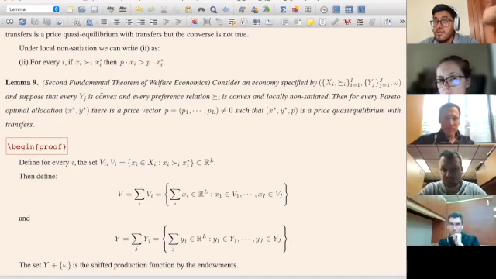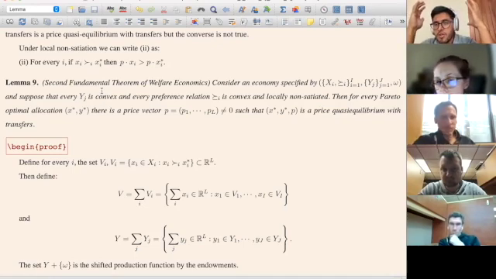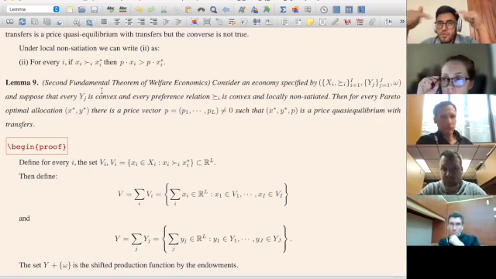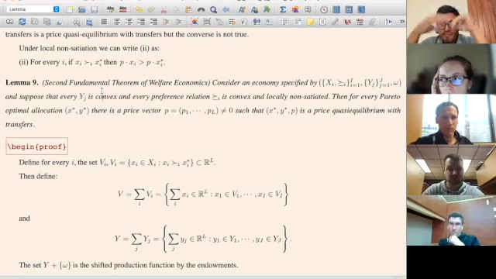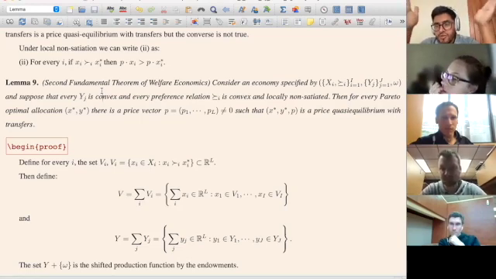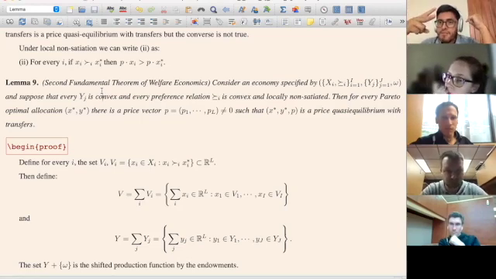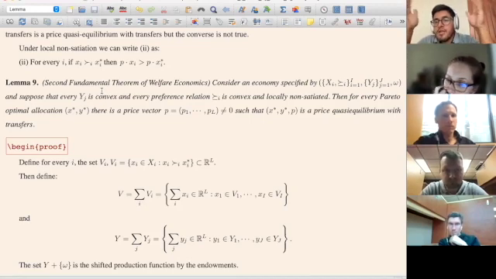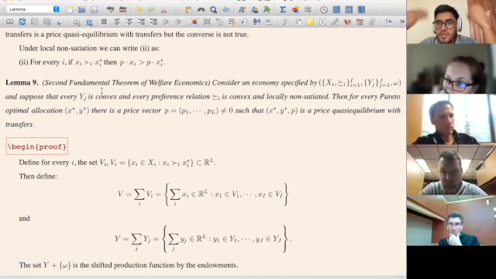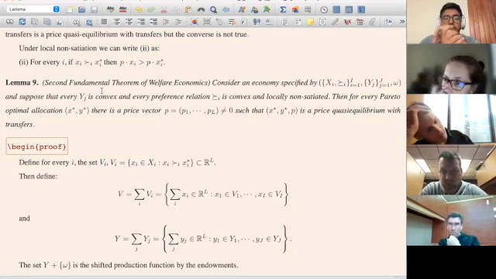Essentially, this central planner can tax everything in the economy, redistribute it in gold coins or Bitcoins, and then let people do their thing. I'm replacing preference maximization with this weaker cost minimization, the condition 2 in the quasi-equilibrium with transfers. That's the only difference, and then I'm able to obtain the same Pareto allocation I wanted, okay?